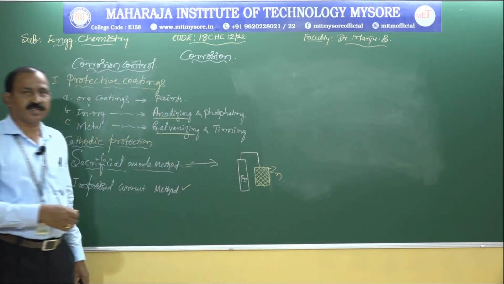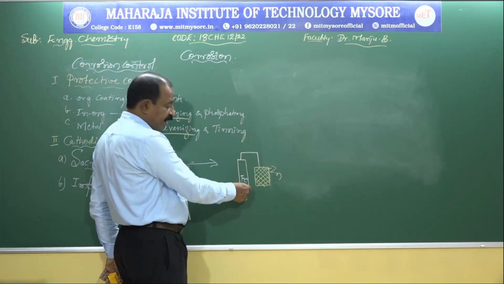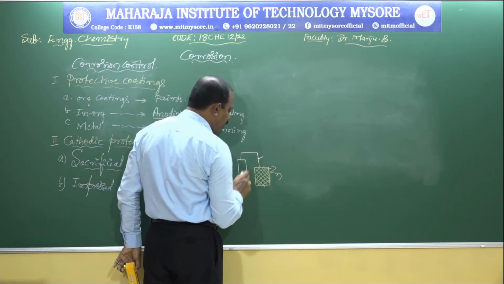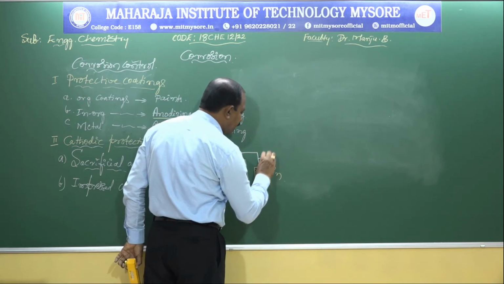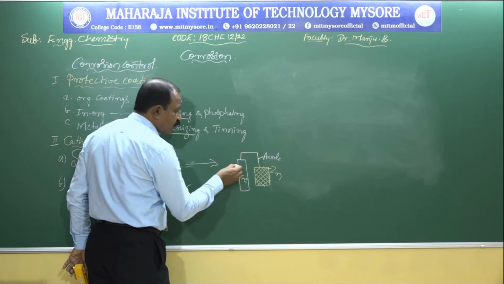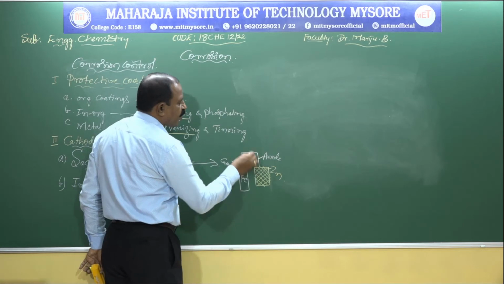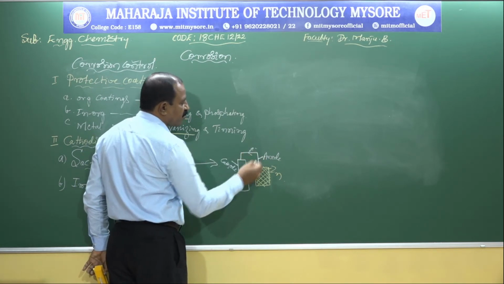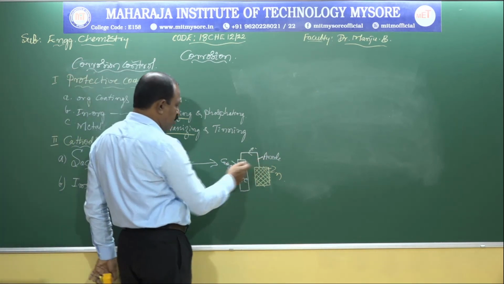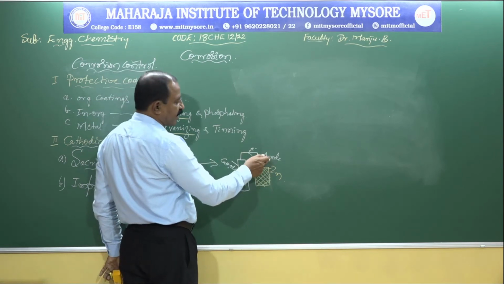In the galvanic series, the electrochemical series of metals, iron has a less negative potential than zinc. Therefore, zinc always acts as anode when you connect it with iron. Zinc acts as anode and undergoes oxidation, that is, corrosion, but iron becomes cathode. How is it made cathode? By providing electrons. Electrons always transfer from anode to cathode.